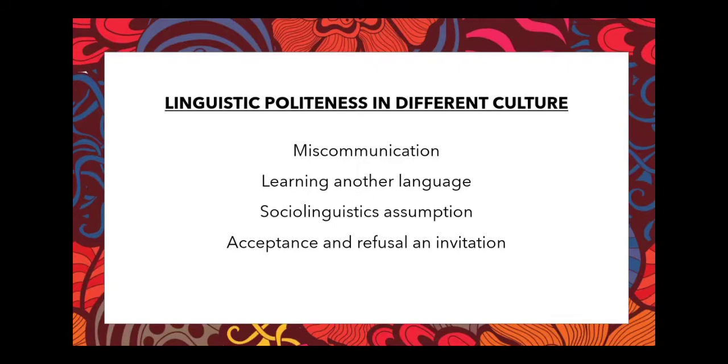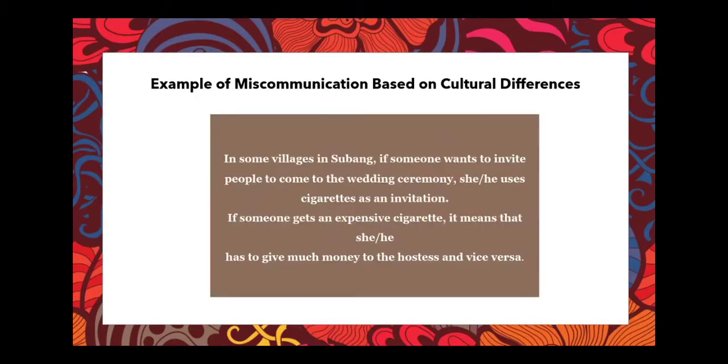So the next topic is linguistic politeness in different cultures. When we talk about linguistic politeness in different cultures, the points that can happen are miscommunication, the second is learning another language, the third is sociolinguistic assumptions, and the last is acceptance and refusal of invitations.